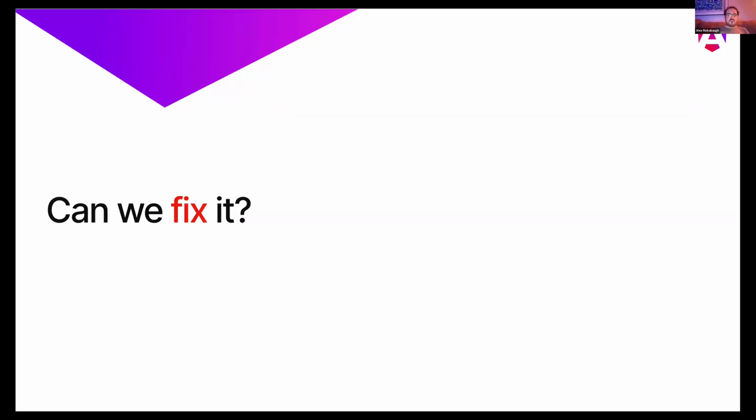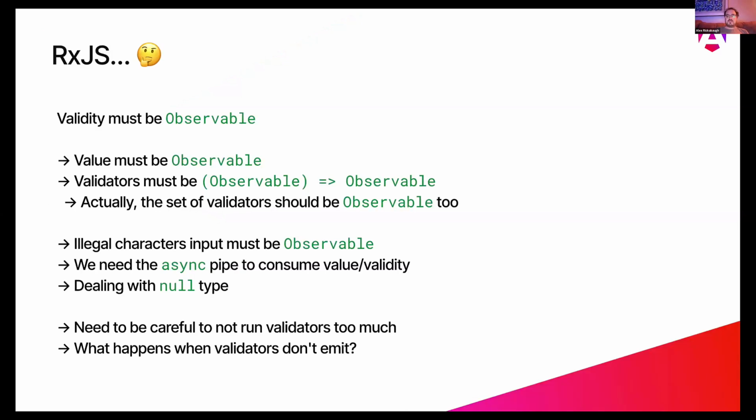How do we fix that? One option is to turn to RxJS, right? Because the async pipe is particularly powerful here. It's going to call markForCheck for us. So if we can express our validity status as an observable, then we can use the async pipe and connect the reactivity there. But that takes some work. That takes some thinking, because making the validity status observable requires us to make the value observable, because we have to express the validity as a computation of the value.